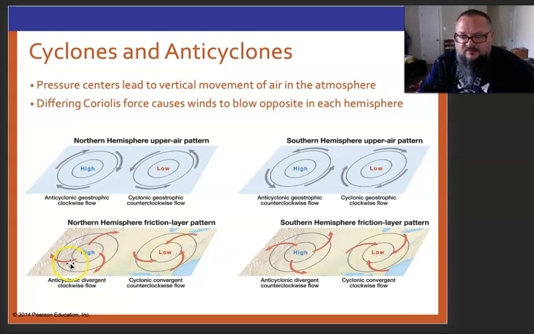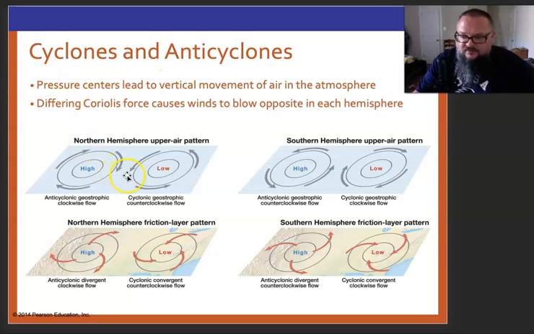So we say this is a high pressure system or a low pressure system, or we could say that a low pressure system is a cyclone and a high pressure system is an anticyclone. Okay. We can call them either high pressure, low pressure, or anticyclone and cyclone. They both work.